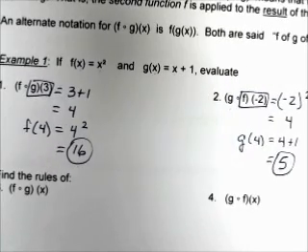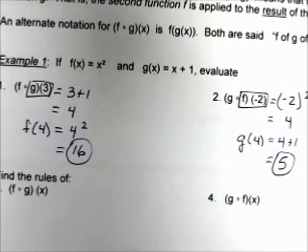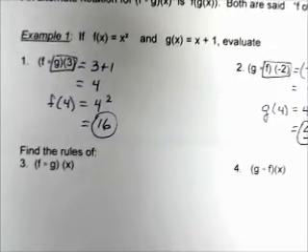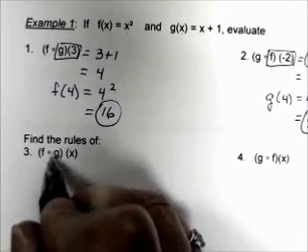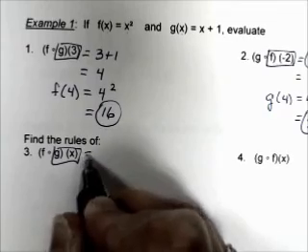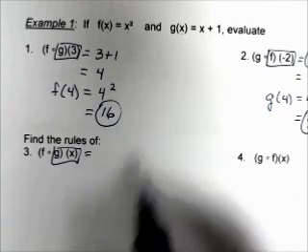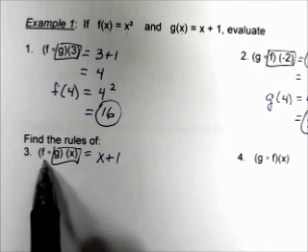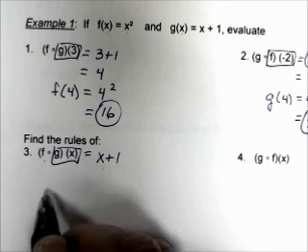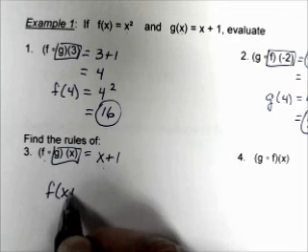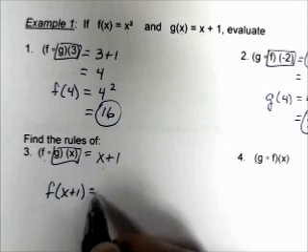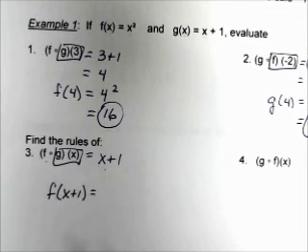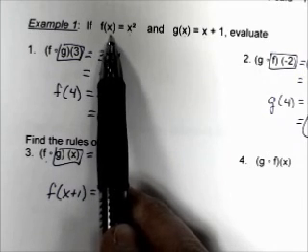Now, finding rules. This is where you're not evaluating a number, but rather you're evaluating a variable. So in other words, we have g of x. Well, what does g of x equal? It is x plus 1. Now we want f of x plus 1. So we replace our x with x plus 1. Do the same back in the original function.